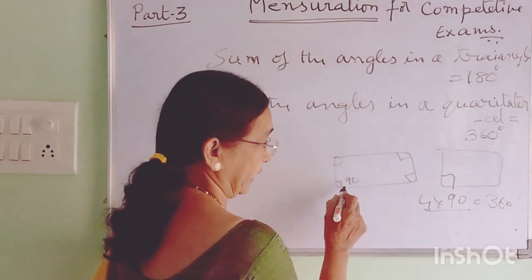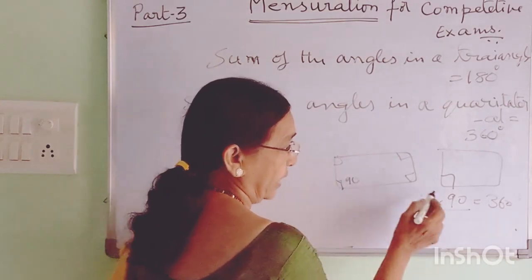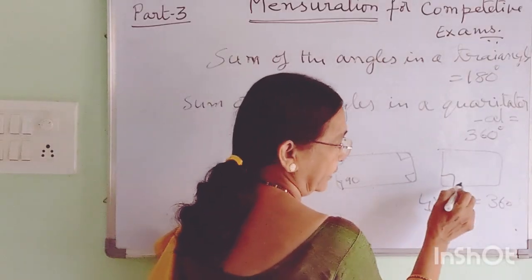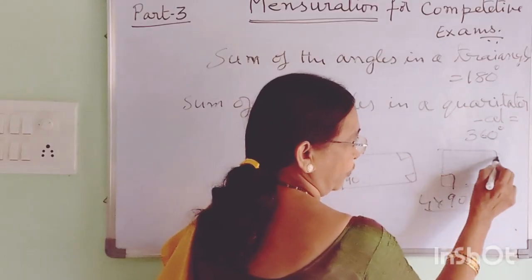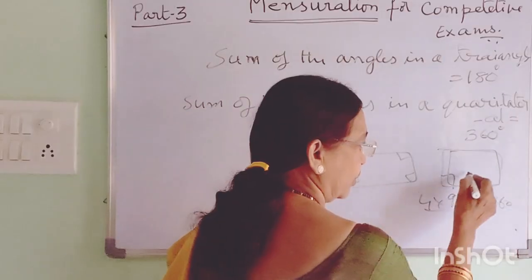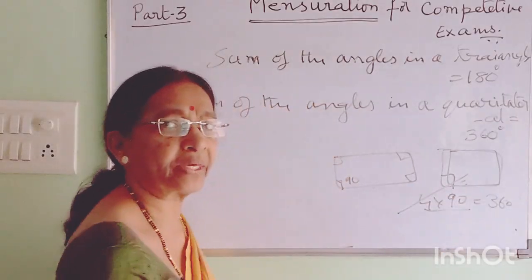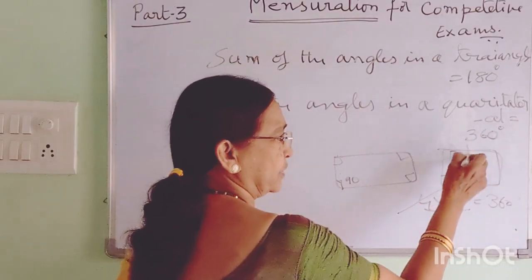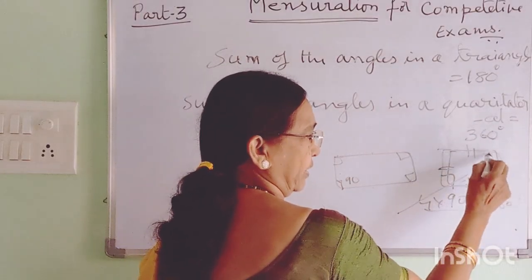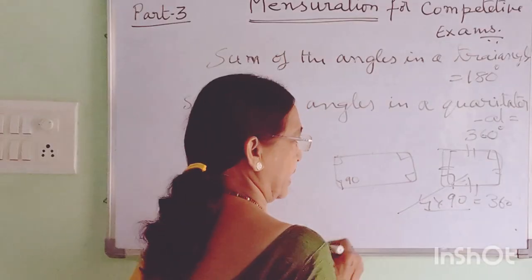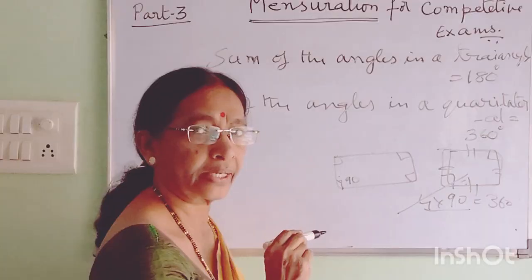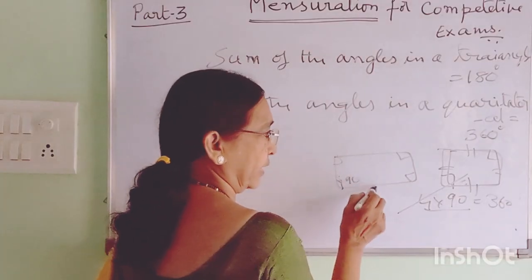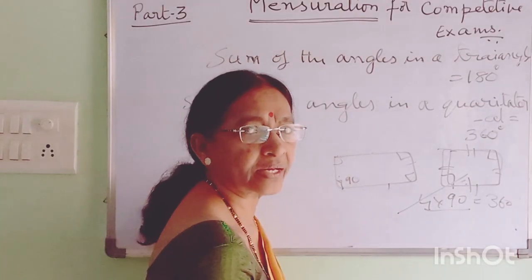Here, the rectangle is a four-sided figure where the opposite sides are equal. In a square, all the four sides are equal. So the square can be a rectangle, because the opposite sides are equal and each angle is equal to 90 degrees. But we can't say the rectangle is a square, because in a rectangle the adjacent sides are different.